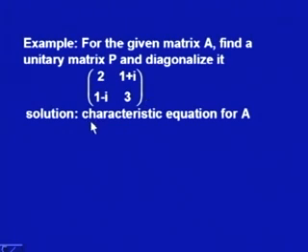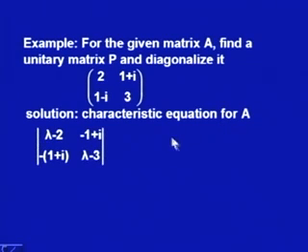For this, we first write down the characteristic equation for the given matrix A. The characteristic equation is the determinant of lambda minus 2, minus 1 plus i, minus 1 minus i, and lambda minus 3.